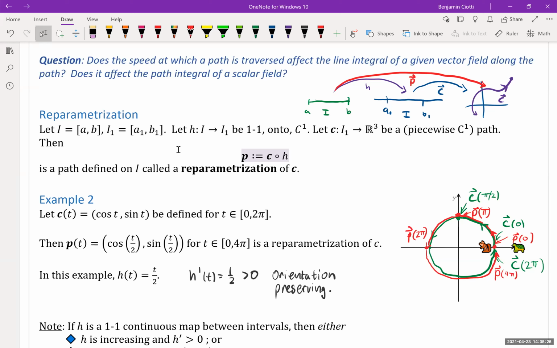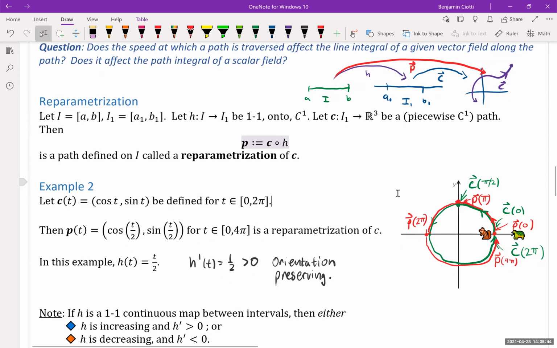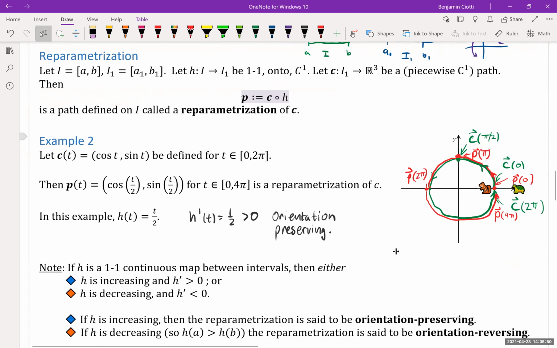Oh, sorry, I had those mixed up. It looks like the way I had it set up, I1 was 0 to 2 pi. Okay, that makes sense. It's not a big deal, but thanks for pointing that out.